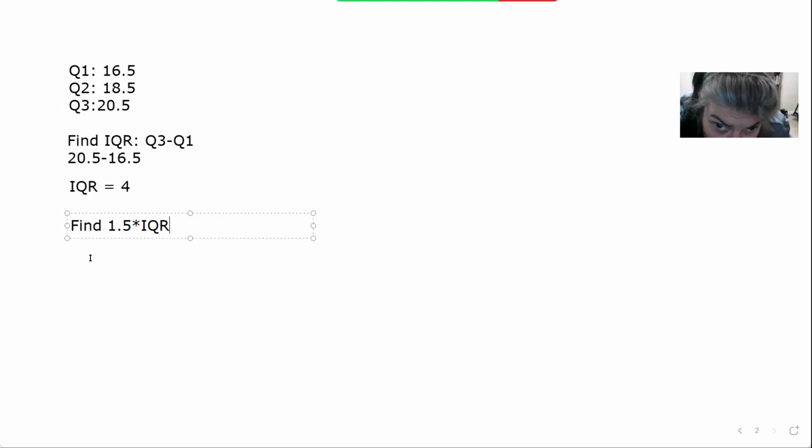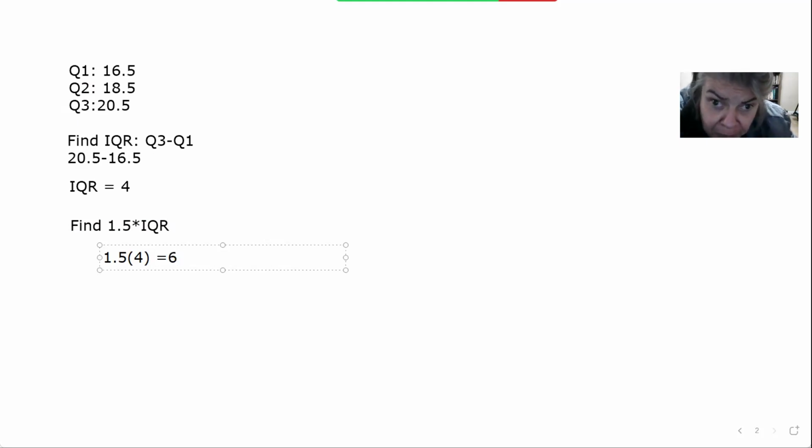So we're going to say that that's 1.5 times whatever that difference is that you found in the last step. In our case, that's 4, and that is going to be 6. 1.5 times 4 is 6 units.